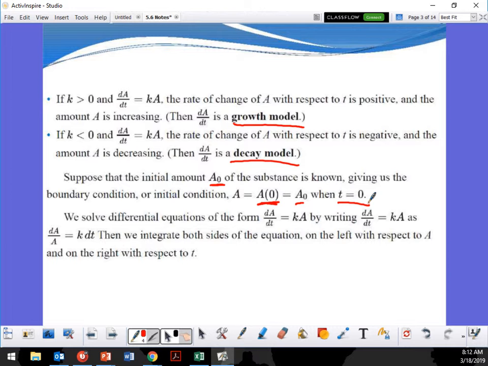We solve differential equations in the form of dA over dt is equal to kA by writing dA as, okay, so now there's some algebra that goes into this.